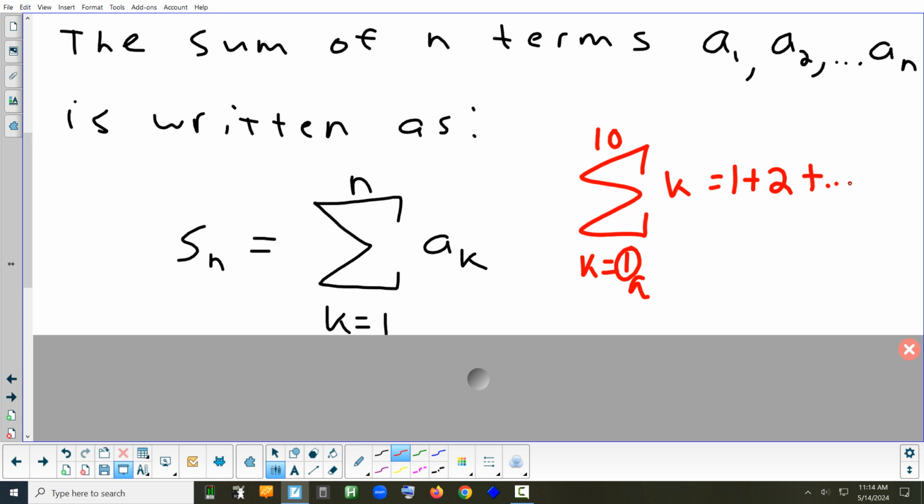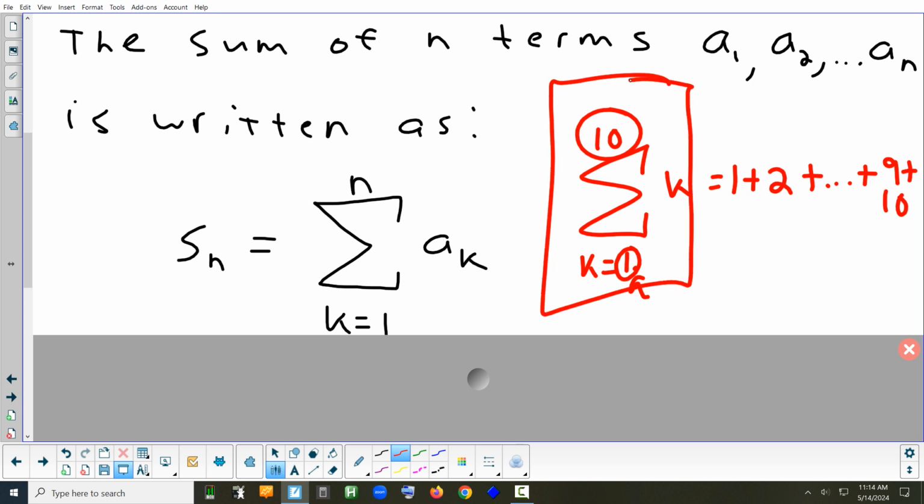The second to last number, you plug in 9. And then the very last number, you plug in 10. If you went up one more, you'd be at 11, but now you're above the stop value. So this notation represents 1 plus 2 plus 3 plus 4 plus 5 plus 6, 7, 8, 9 plus 10.